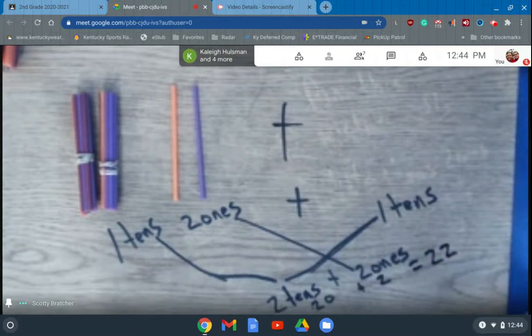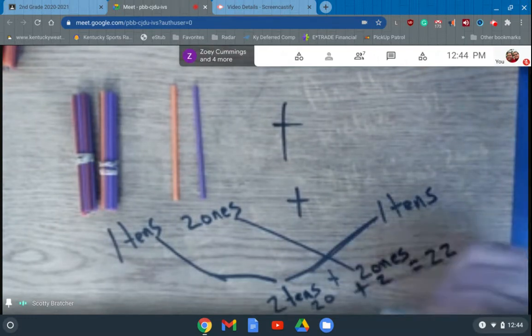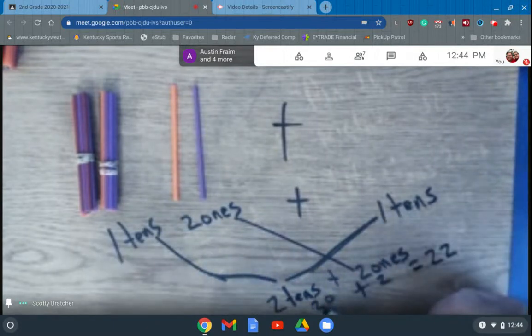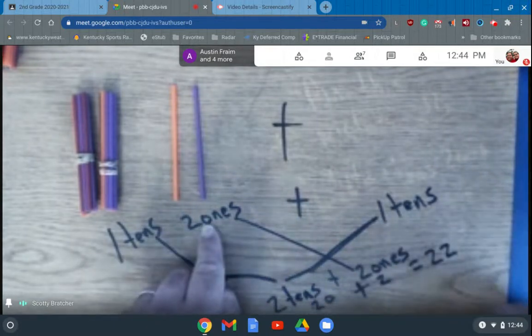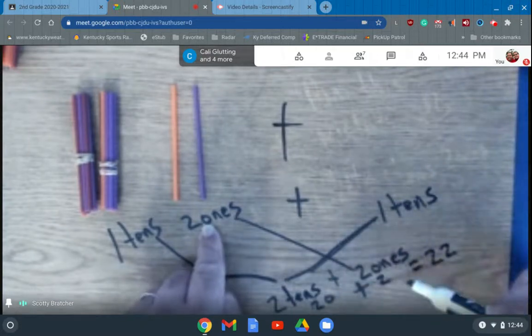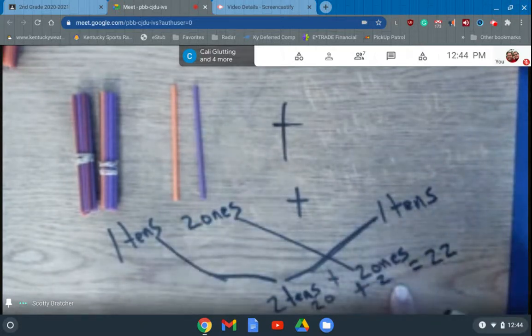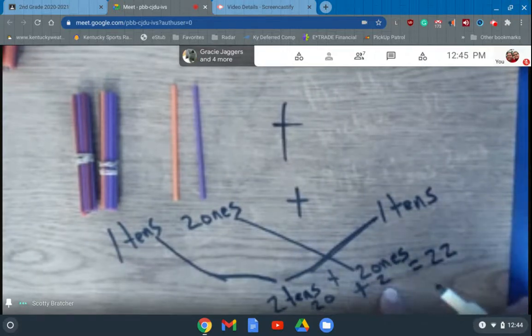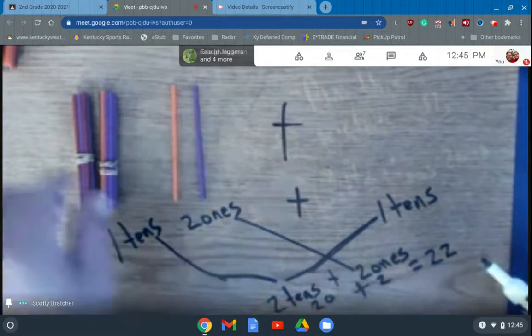Okay? So that's how that works. I put my tens together and made 20. I only had 2 ones and I didn't have any more ones to put with them. So I just brought them along for the ride. And when I put them together, it's 20 plus 2, and that's 22. I like how this works.